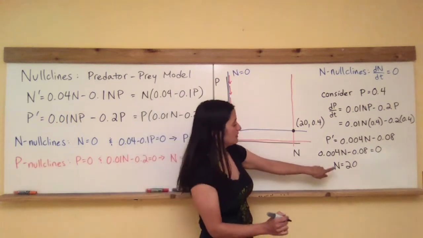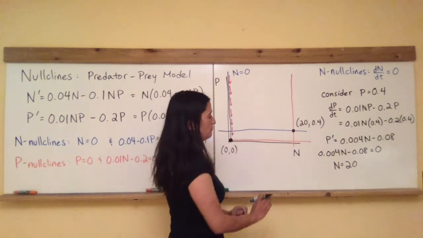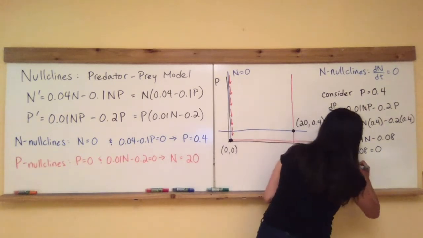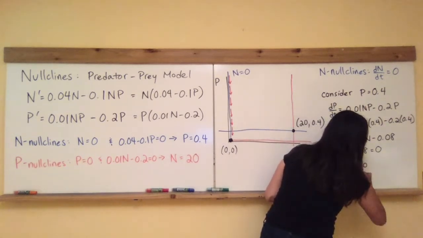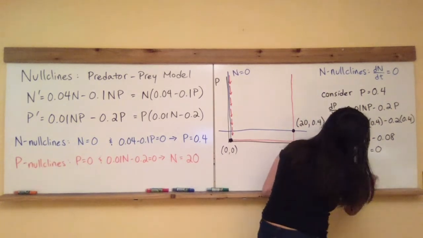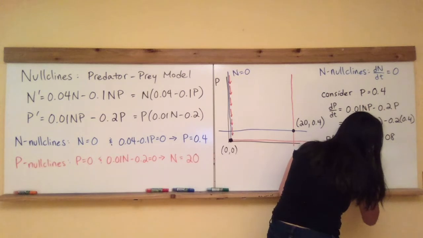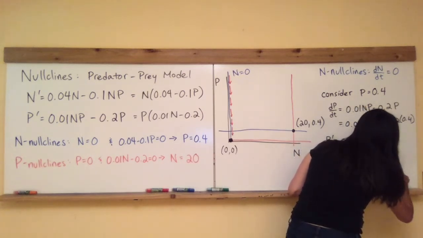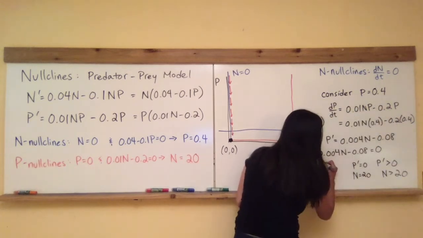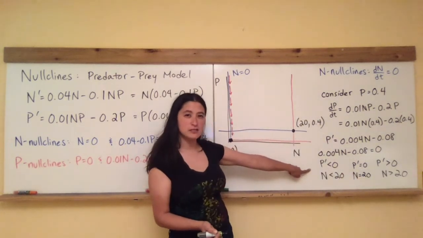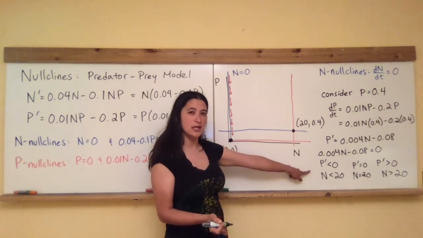So this is the dividing line, and it divides the behavior into two different categories. What I'm really saying here is that p prime equals 0 when n equals 20, but p prime is greater than 0 when n is greater than 20, and p prime is less than 0 when n is less than 20. Okay? So this is the conclusion that I'm getting for the second n nullcline.